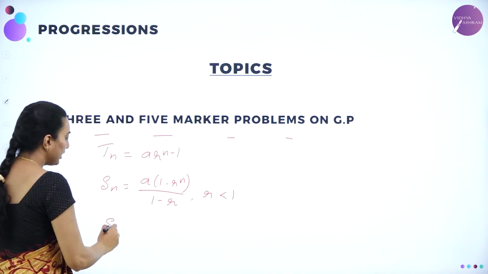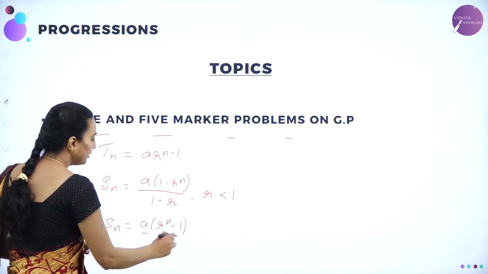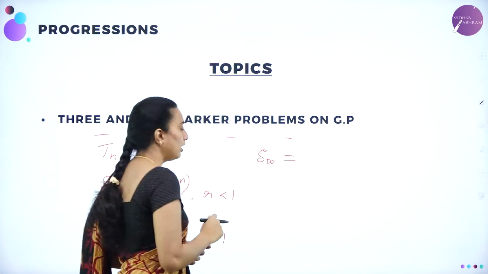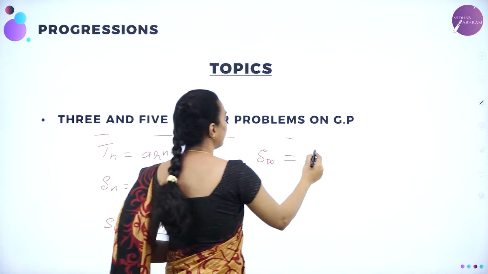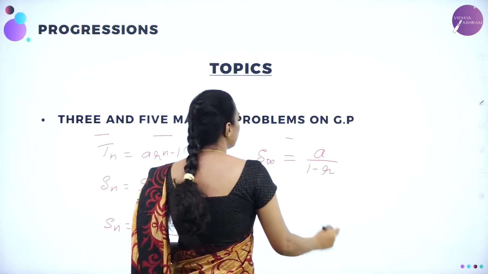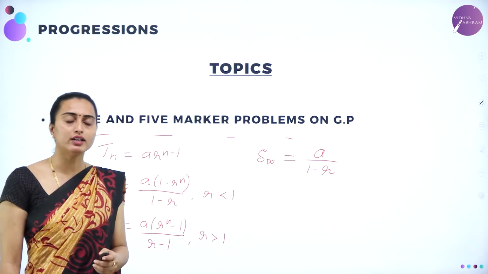And also Sn is given by A into R to the power of n minus 1 divided by R minus 1 when R is greater than 1. Now again S infinity is given by A divided by 1 minus R. So these are all the formulas you need to remember to solve the problems on GP.